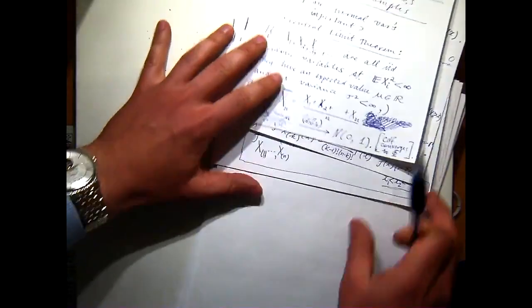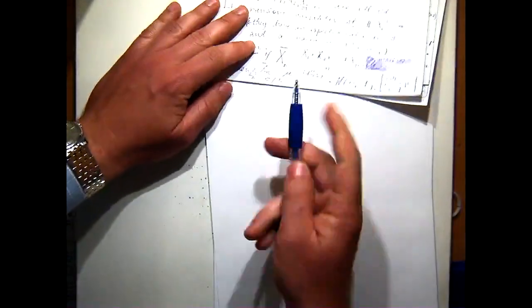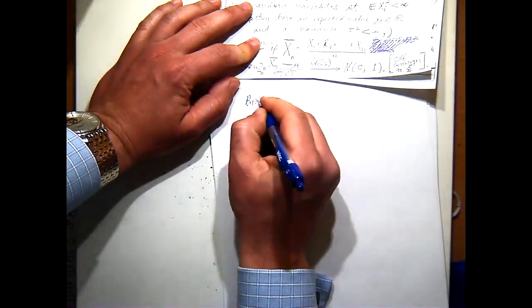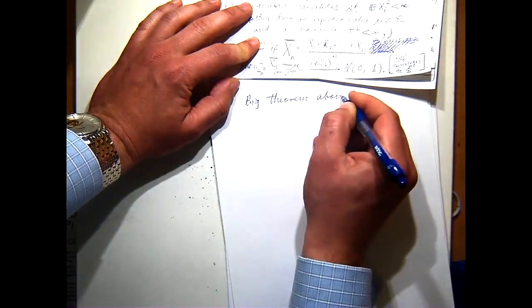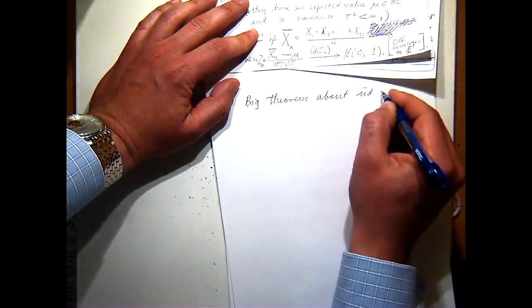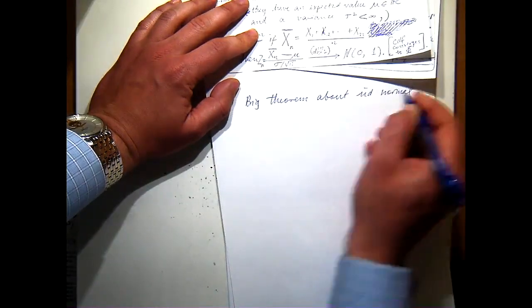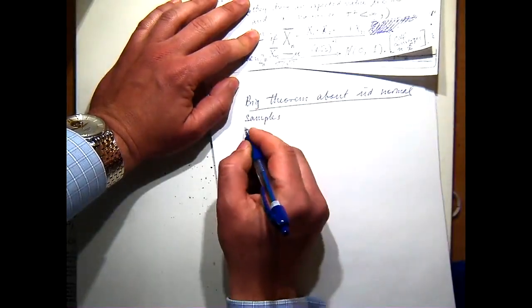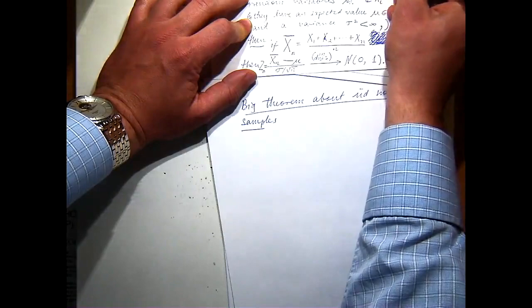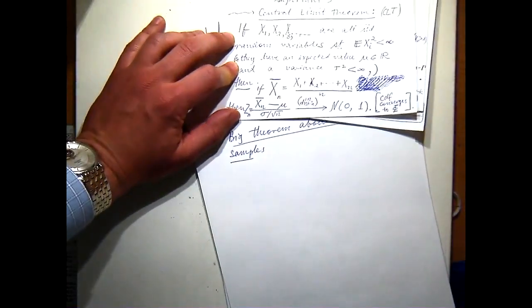Okay, so let's now look at the big theorem about IID normal samples. Unlike in the CLT case, because CLT is very important, but CLT applies to variables that are IID but are not normal.